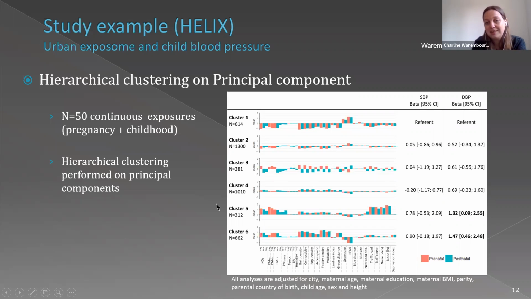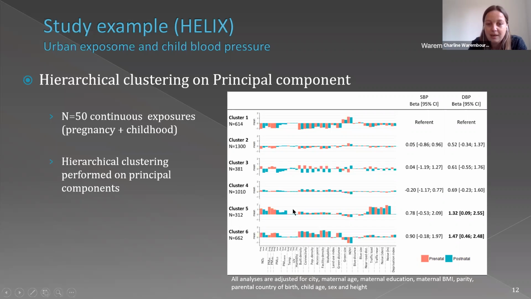And the most interesting clusters are cluster 5 and cluster 6, which are characterized by higher exposure to air pollution. When I say higher exposure, I'm comparing with the overall mean of the study population.